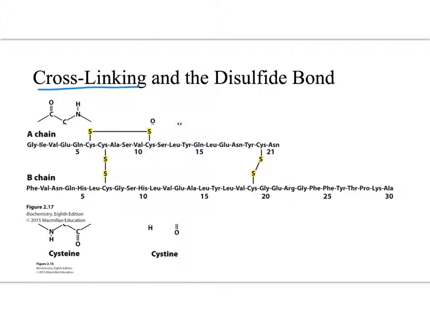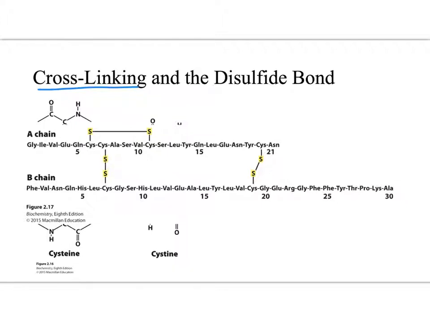Cross-linking results from the oxidation of cysteine residues. If you have cysteine residues at various points within a structure or between structures, you can end up having oxidation of those cysteine residues, and then they can interact with one another.